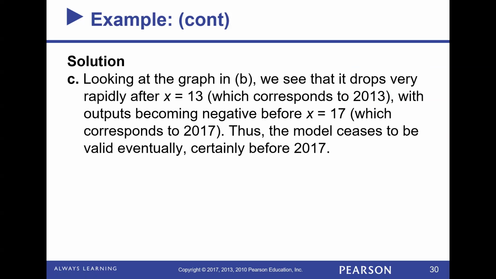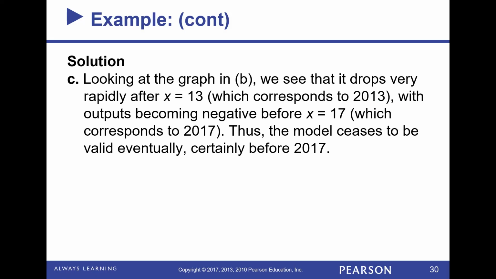After about X equals 15, if it continued in that downward trajectory, it's going to start going negative. And we know that eventually that makes this no longer a valid model as you're looking at it, okay?